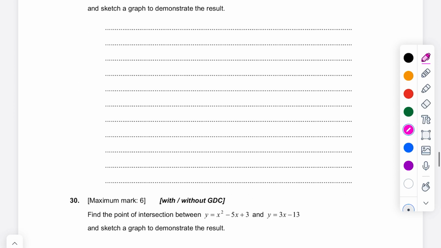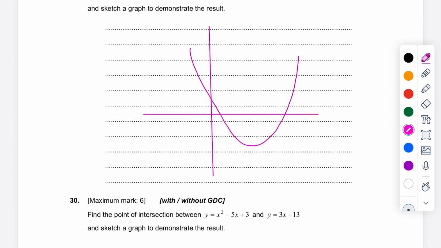Question number 29. Find the points of intersection and sketch the graph to demonstrate the result. So I am drawing the graph, and the points are (2, 3) and (6, 9).